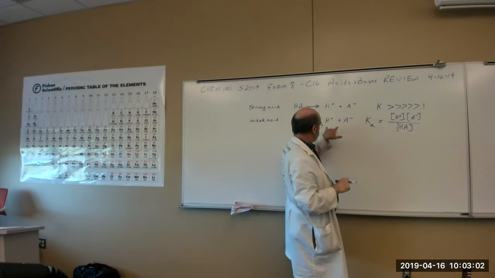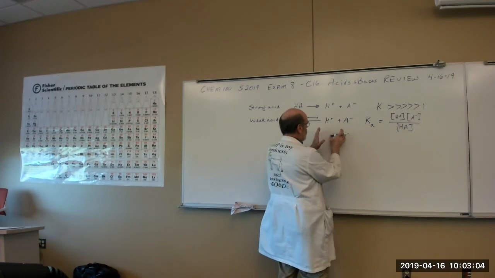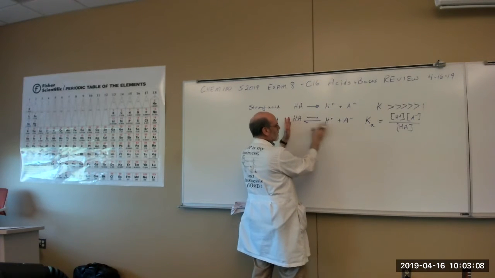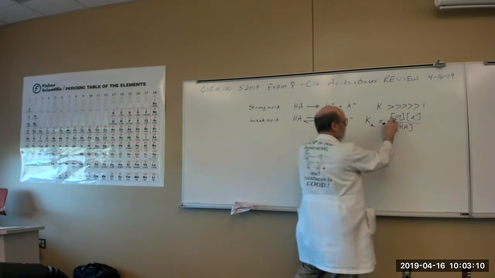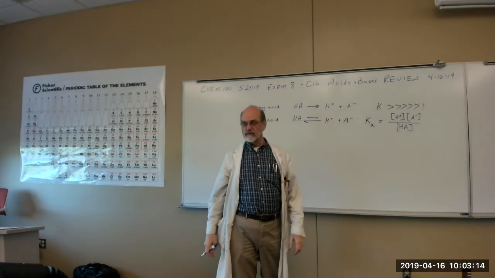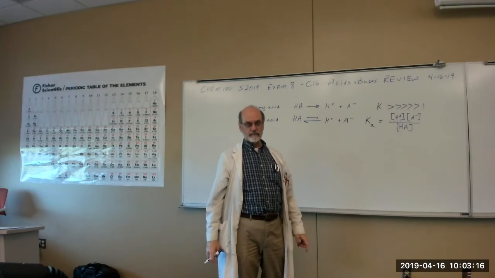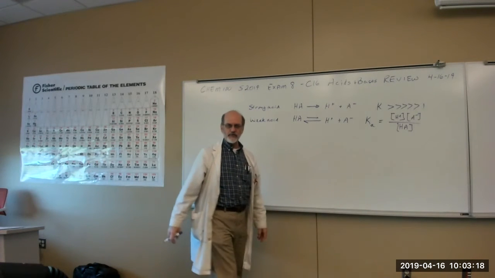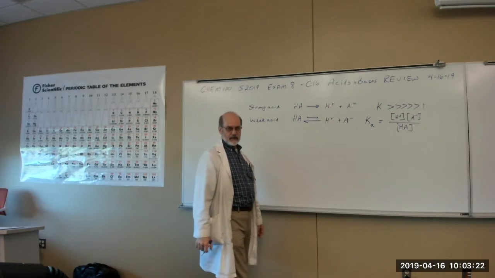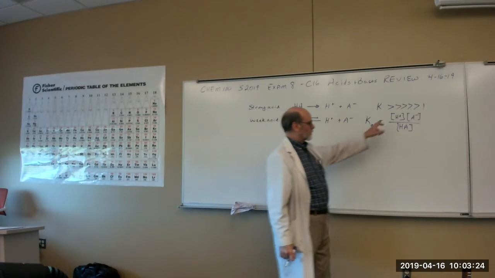Notice that if we have almost everything over here and very little over here, that expression is extremely small. Very, very small, like 10 to the minus 20 or 10 to the minus 40. Some I've seen 10 to the minus 60.